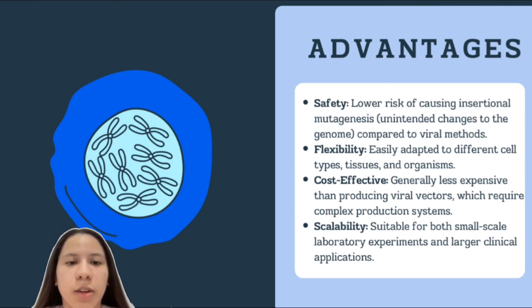In terms of scalability, the technique is suitable for both laboratory experiments and clinical applications, making it useful for different contexts from basic research to the production of gene therapies. Finally, the precise control over the transfection process allows for adjusting the electrical pulse parameters, thereby optimizing efficiency while minimizing cell damage.